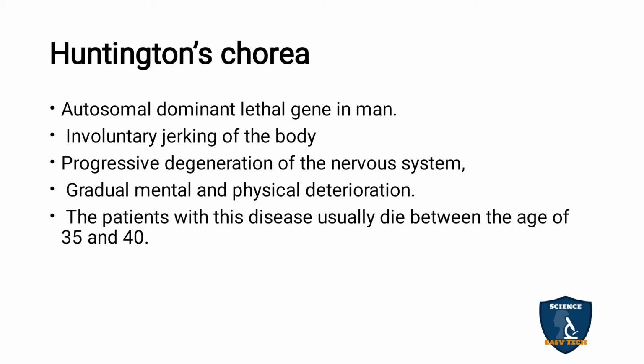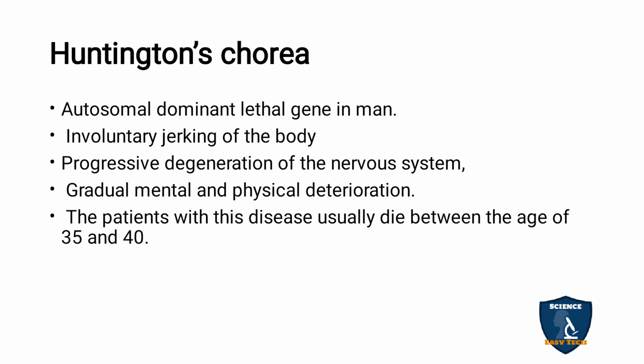Huntington's chorea is a dominant autosomal lethal gene in man, and it causes involuntary jerking of the body, that is, of the muscles. There is a progressive, slow degeneration of the nervous system.